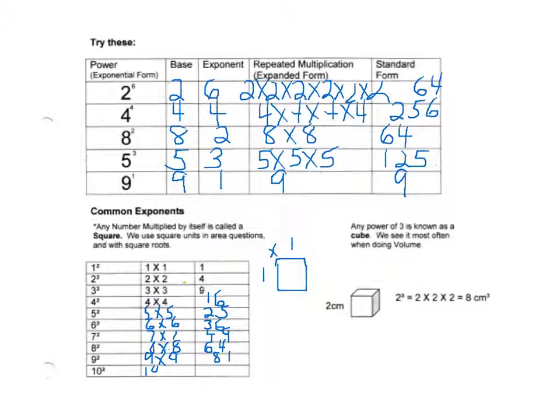And then 10 to the power of 2, or 10 squared, is 10 times 10, which is 100.